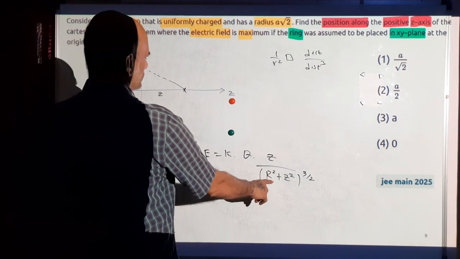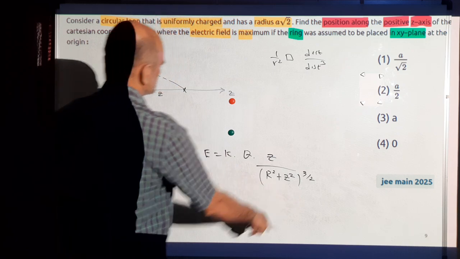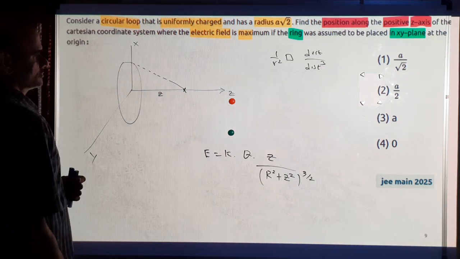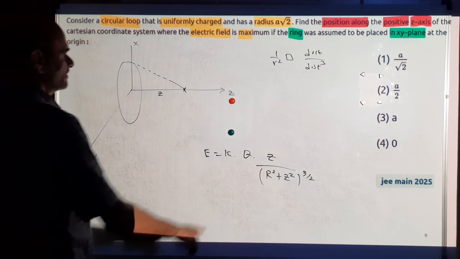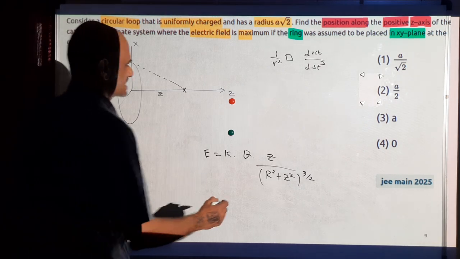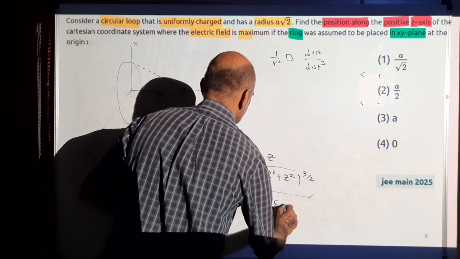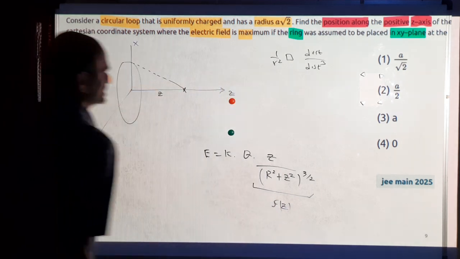For z equal to 0, the value is 0, and for z equal to infinity, this value is also 0. So somewhere in between, the electric field should peak. To find that, you have to maximize this function, let me call it f of z, as a function of z.